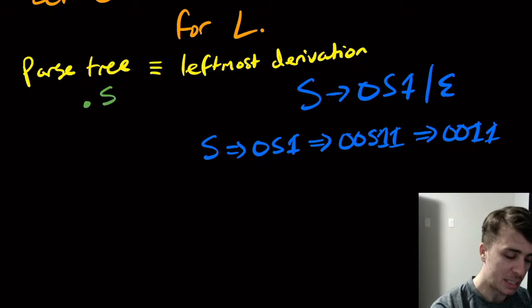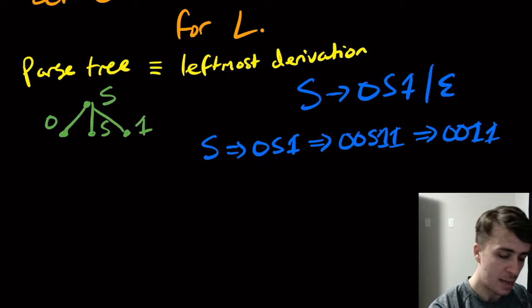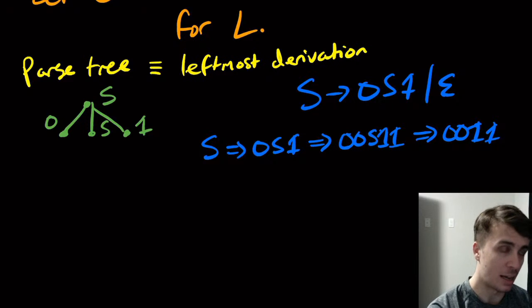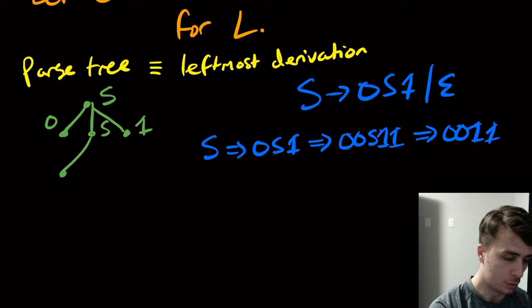So this S at the top is replaced with 0, S, and 1. The 0 and 1 are terminals, so there's nothing below them. They have no children. They're childless. But then this S got replaced with another 0S1.